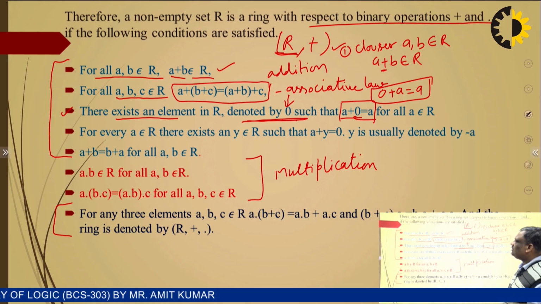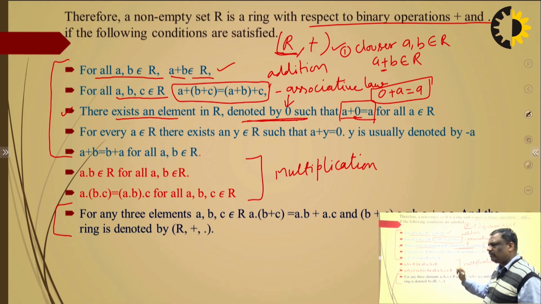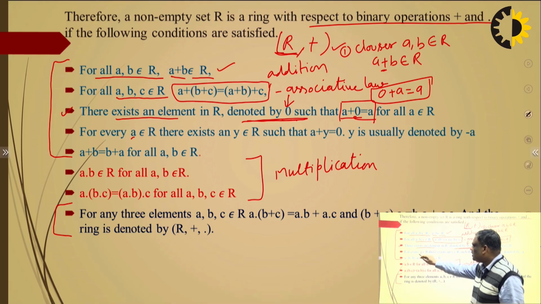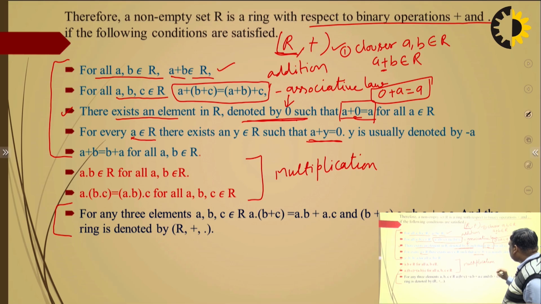The fourth one is the inverse operation, or the existence of inverse property. That means A belongs to R, and there is minus A. Here we say that A plus Y equals 0, where 0 is the identity element, and this Y is equivalent to minus A. So we can write A plus (minus A), where minus is the inverse operation, equal to 0.